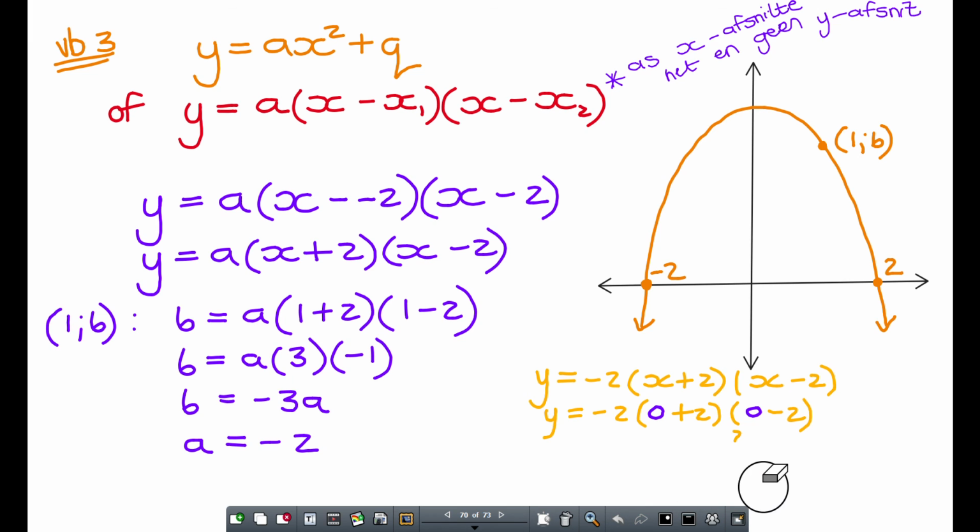Ek gaan net gou eers hierdie uitvee dat ek daar vir jou kan klaar verduidelik. Met ander woorde, daar is minus 2 maal 2 maal minus 2. So y is hoeveel? Y gaan wees 8. Nee.